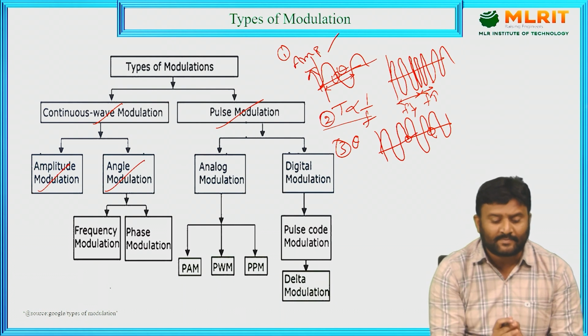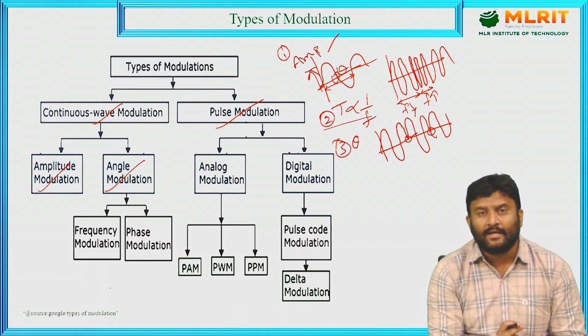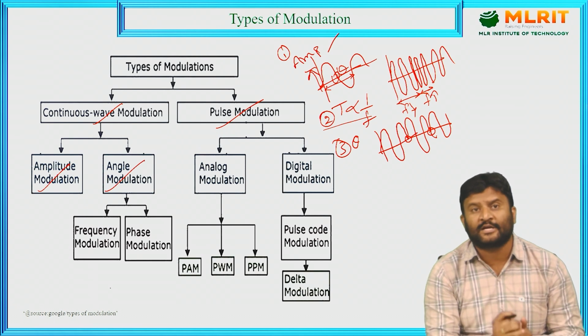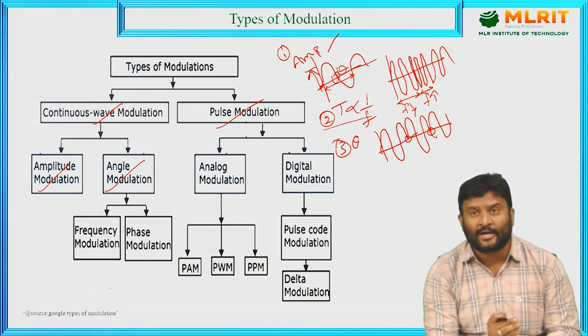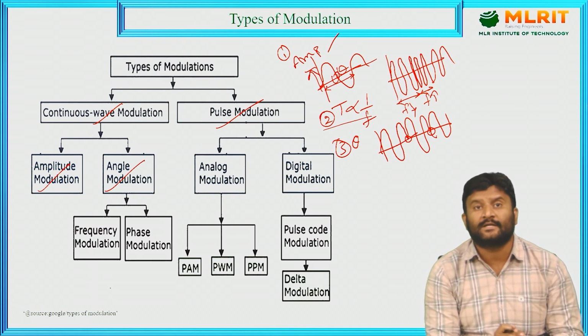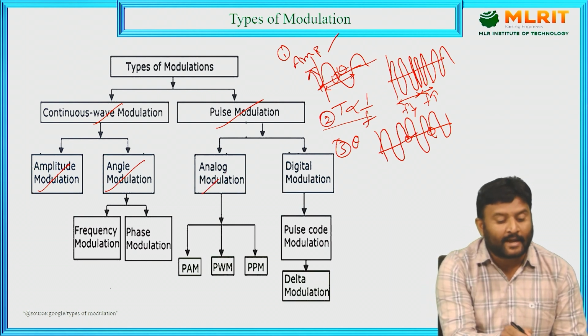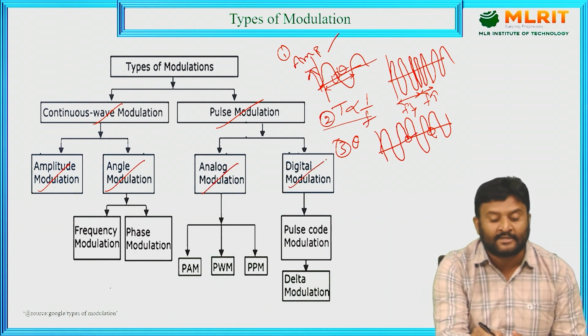Go for the pulse modulation. Here also, depending upon the carrier shape, it is continuous or not continuous, and based on that we categorize. The pulse modulation can be analog modulation as well as digital modulation.